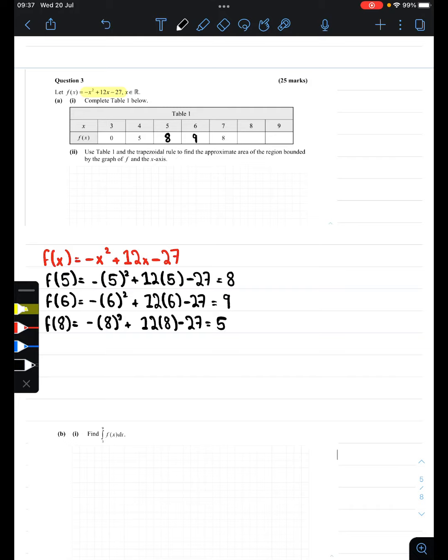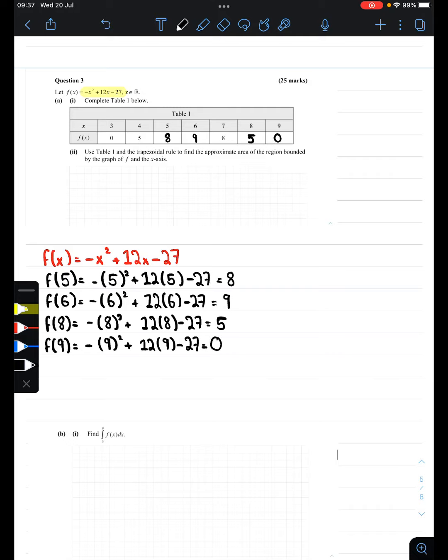So what you'll notice is this is a quadratic, so it's exhibiting symmetry. We have 0, 5, 8, 9, 8, 5. So you might be able to guess that f of 9 will be 0, but let's just check. Minus 9 squared plus 12 by 9 minus 27, which is in fact 0.